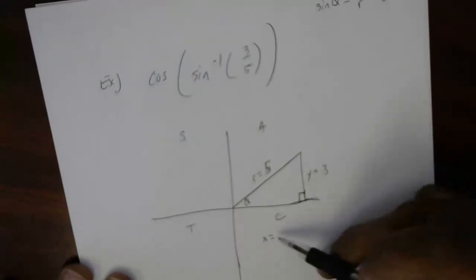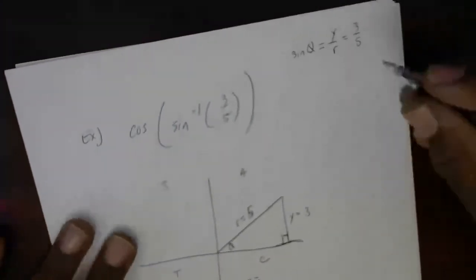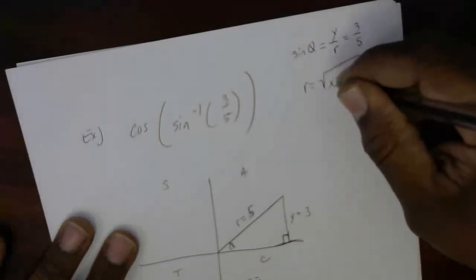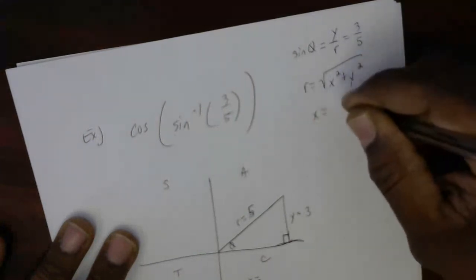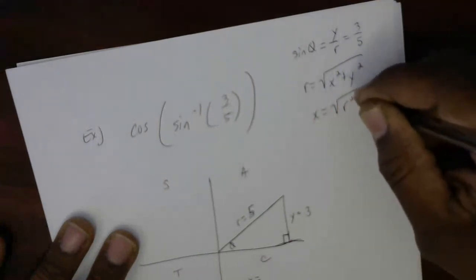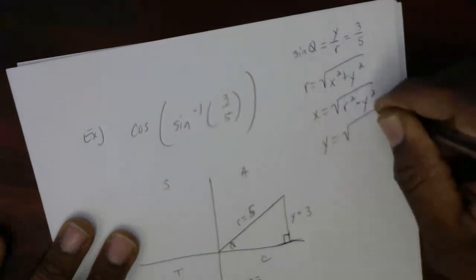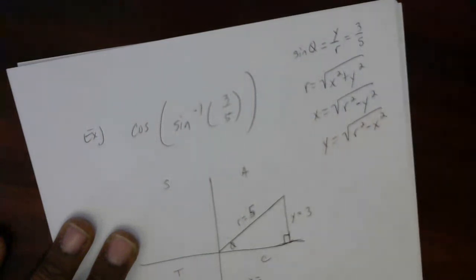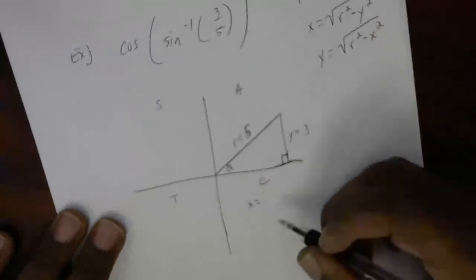Now I can find x by using the Pythagorean theorem. Here are the formulas: r is equal to the square root of x squared plus y squared. X is equal to the square root of r squared minus y squared. Y is equal to the square root of r squared minus x squared. So I can find x.